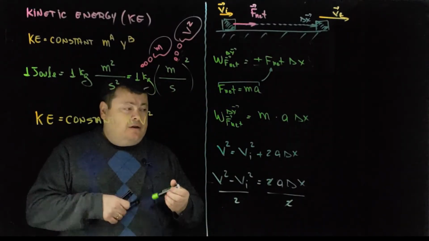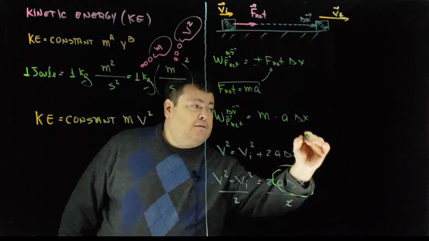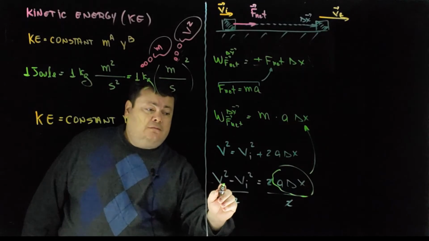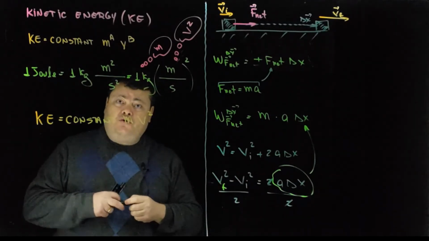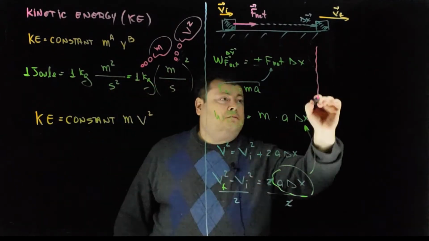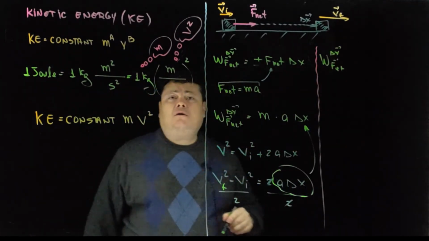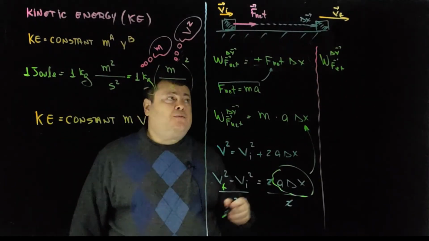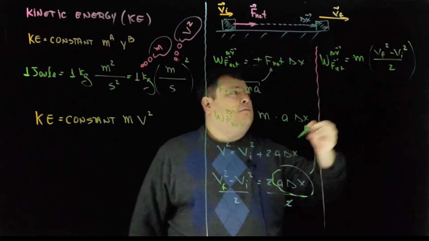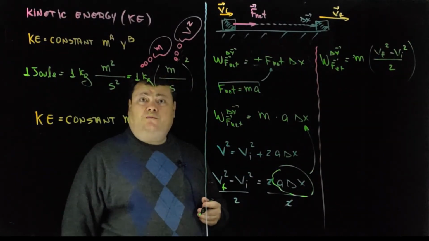What I have on the right-hand side is a delta x, and on the other side, v final squared minus v initial squared over 2. So if I make this substitution, my equation becomes: the work done by the net force through a displacement equals mass multiplied by v final squared minus v initial squared over 2.